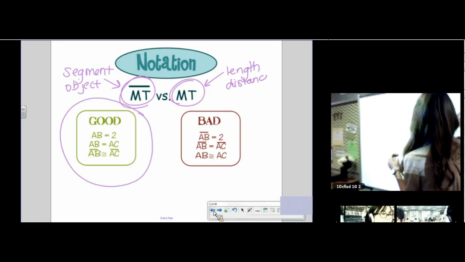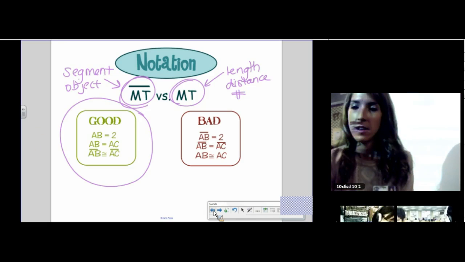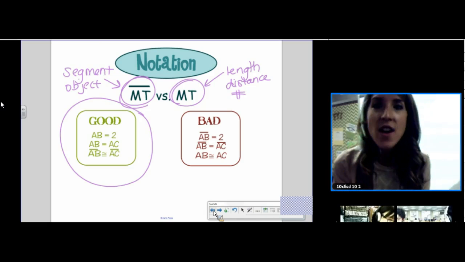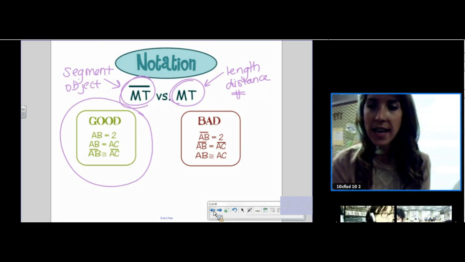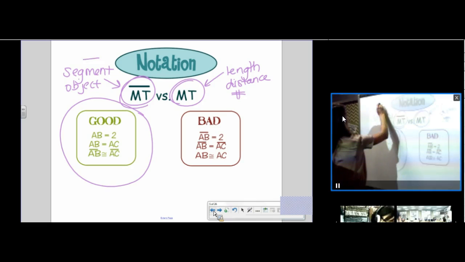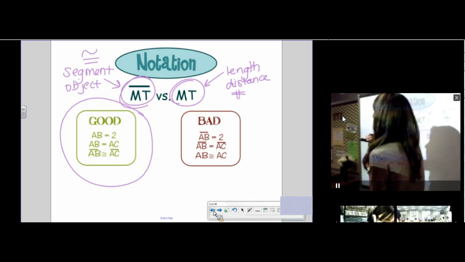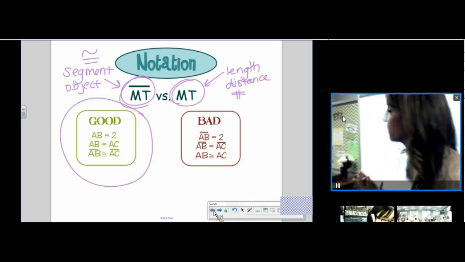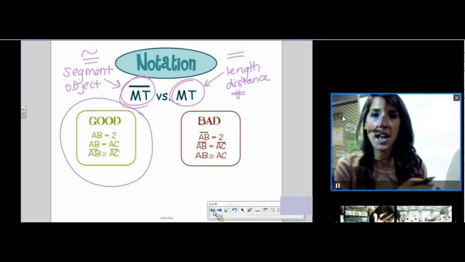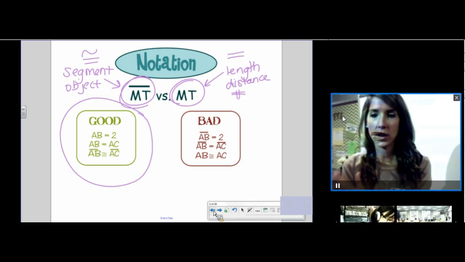It's an actual number. So the first one is an object, and the second one is a number. So you have to be careful. With objects, you use a congruent symbol, but with numbers, you use an equal sign. So it's an object versus a number.